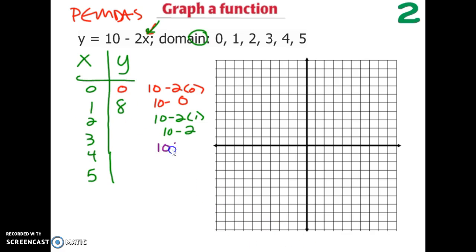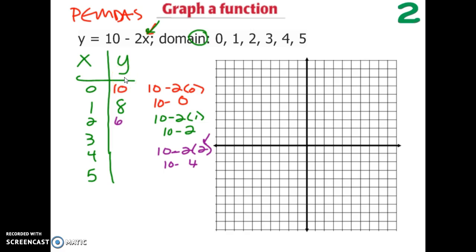Then plugging in a 2, 10 minus 2 times 2. We're plugging in a 2 here for x. 2 times 2 is 4. So 10 minus 4 is 6. Oops, I made a mistake back here. 10 minus 0 is 10.